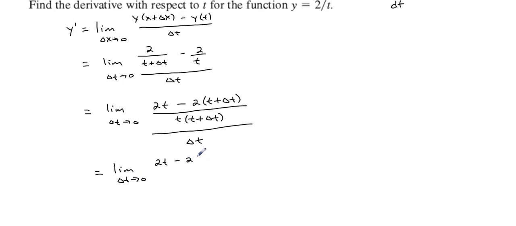That'd be minus 2t minus 2 delta t, all over t times t plus delta t. I'm going to use the advanced move and multiply by the reciprocal right away, because I know I've done these problems a couple times.